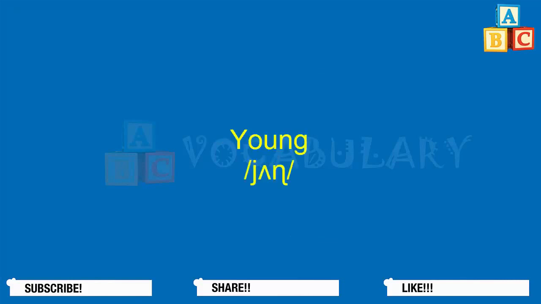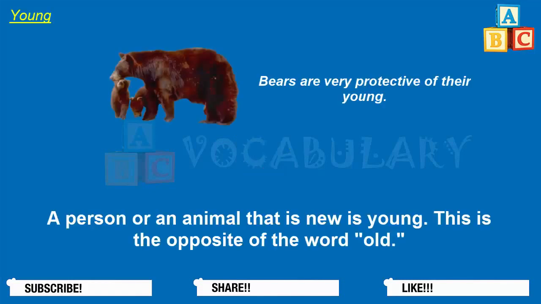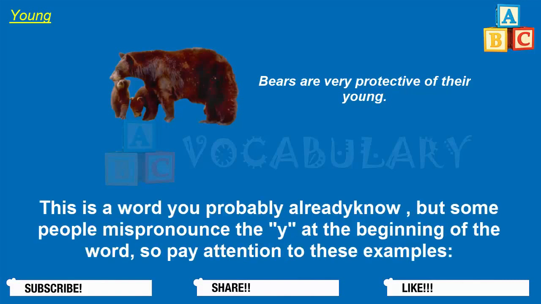Young. A person or an animal that is new is young. This is the opposite of the word old. This is a word you probably already know, but some people mispronounce the Y at the beginning of the word, so pay attention to these examples.